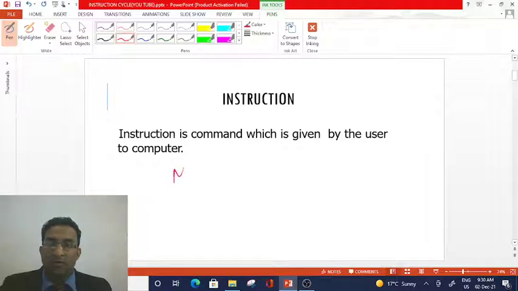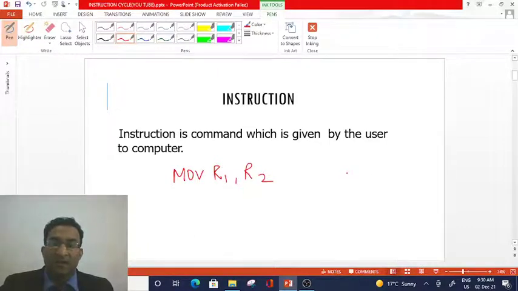So move R1, R2 means R1 and R2 are the two registers of the processors called general purpose registers, and move is an instruction which is the command to the processor that move the value of R2 register to R1.